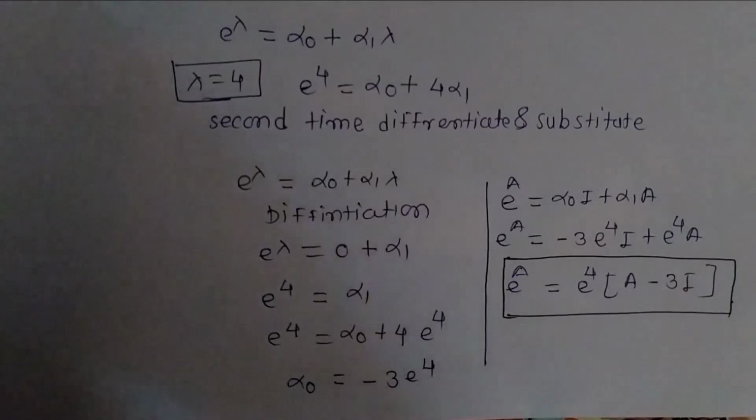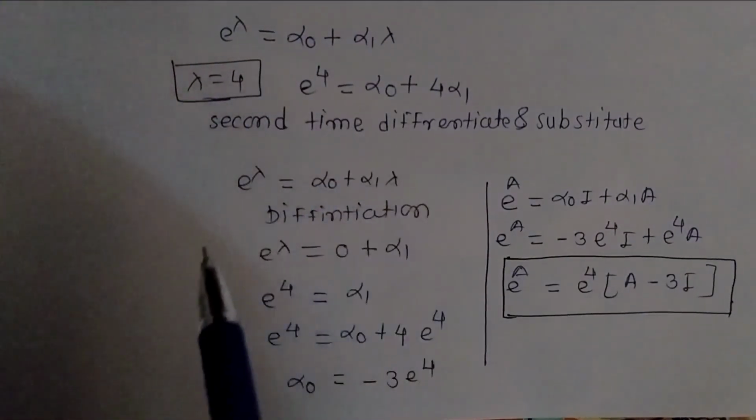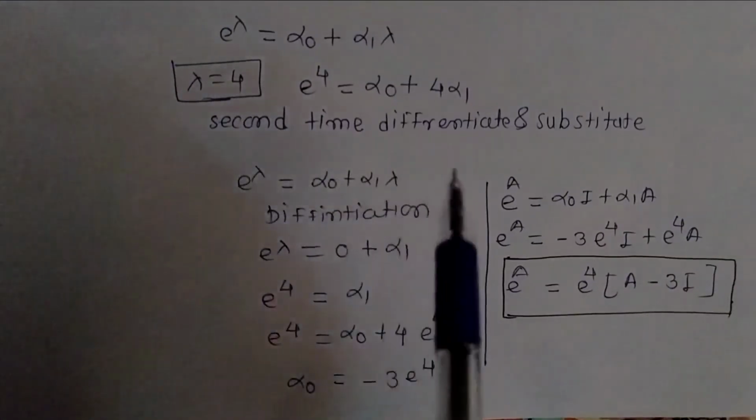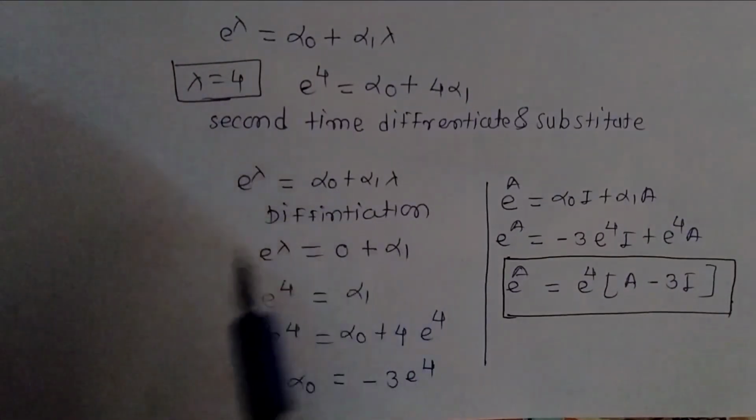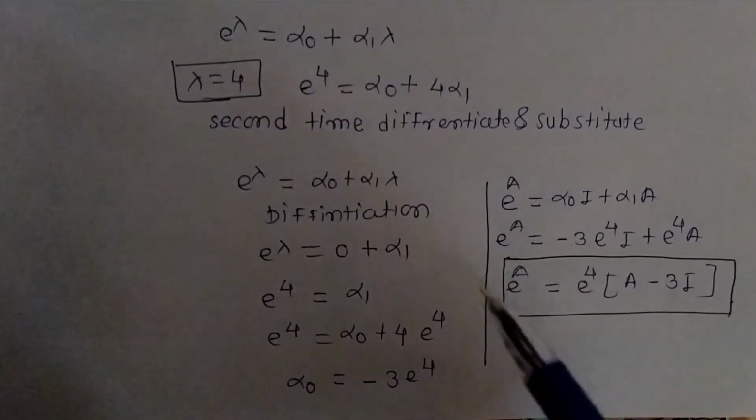We first take the expression simply, and then for the next value we differentiate, then put the values of lambda, and then we will get e raised to a.